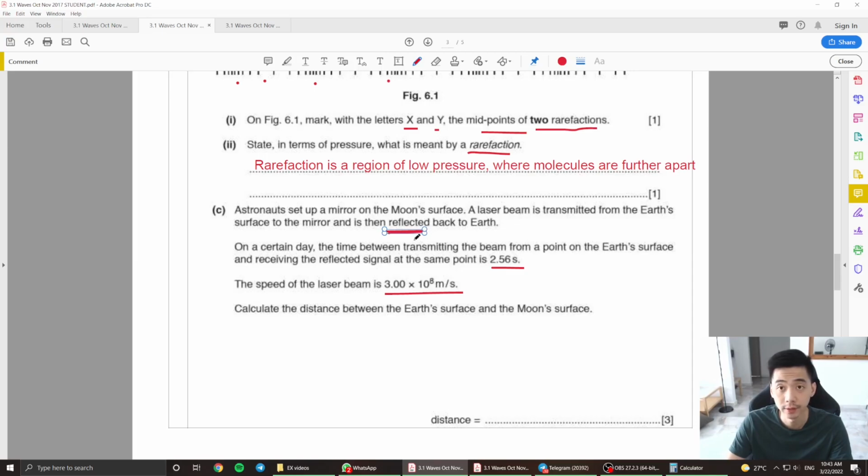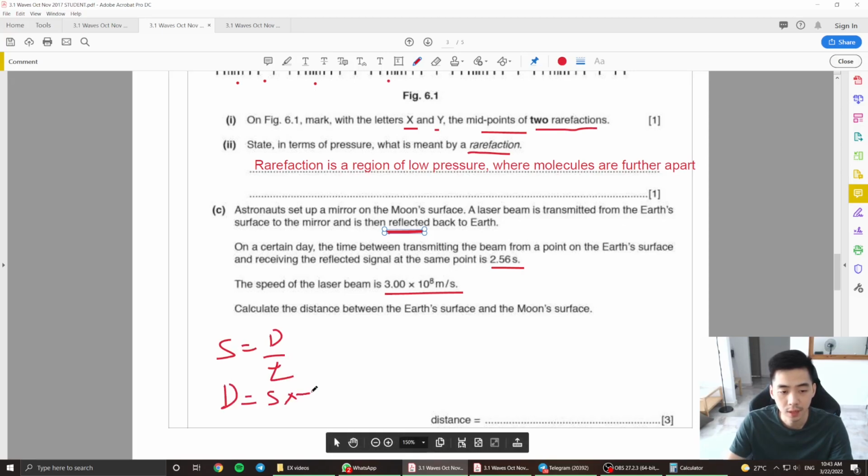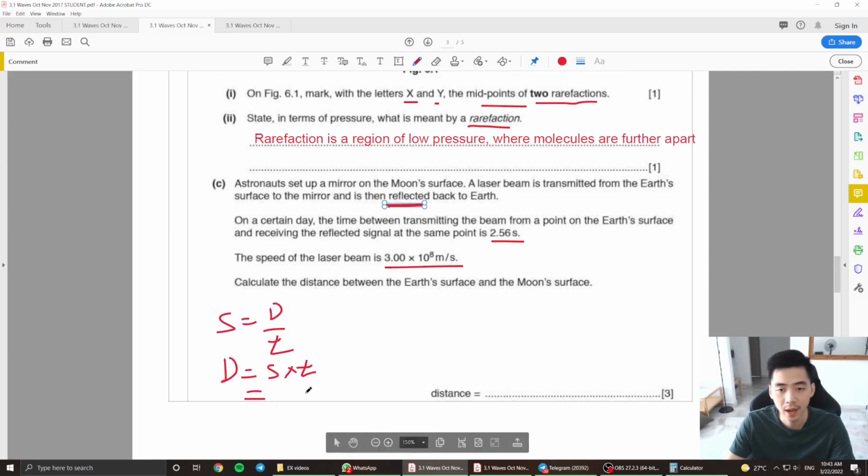Since it is reflected, it is double the distance here, guys. Speed is equal to distance over time, so distance is equal to speed times time. In this case, if it is reflected, the distance you're going to get is essentially double the distance, so you have to divide by 2 at the end of the day.